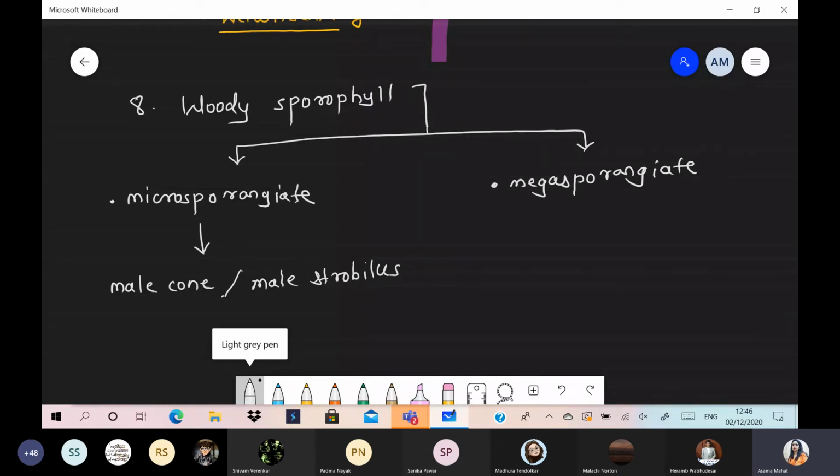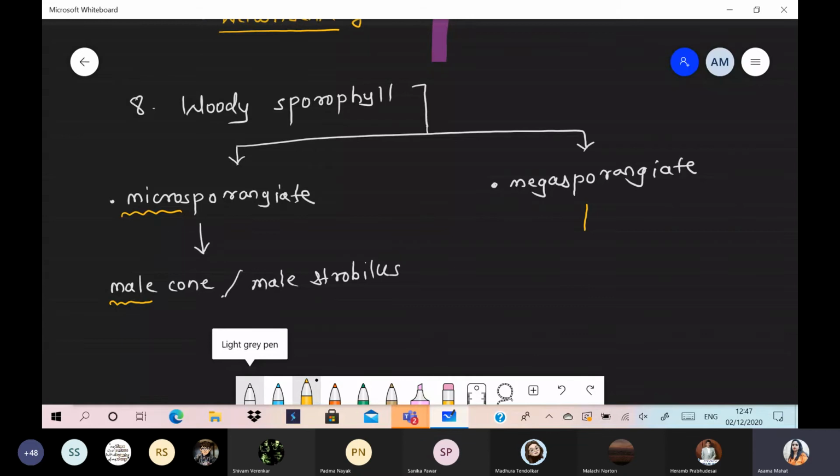But you know very well, gymnosperms are dioecious plants. Male and female sex organs are present on two different plants. So what happened in this scenario? When we talk about micro, it means male. So male cone is also called the male strobilus.